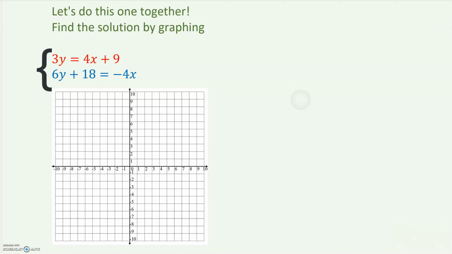So we're going to start with 3y = 4x + 9. And our goal is to get y all by itself. In order to do that, we need to divide by 3. But when we divide, we need to make sure that we divide everything by 3. So this gets divided, this gets divided, this gets divided. Everything gets divided by 3.